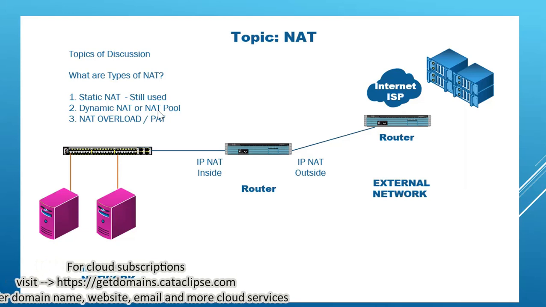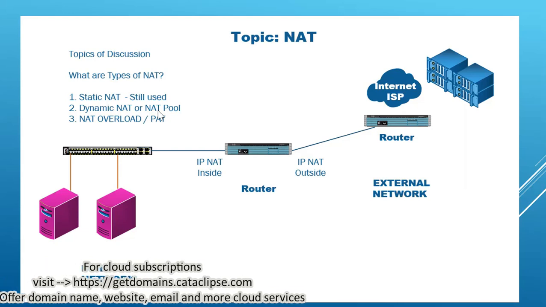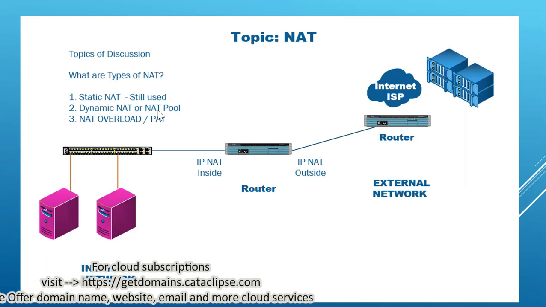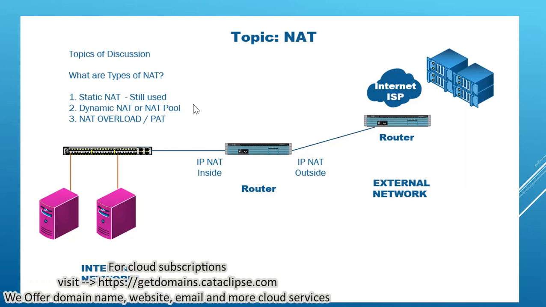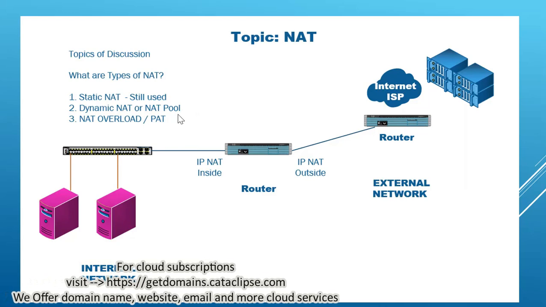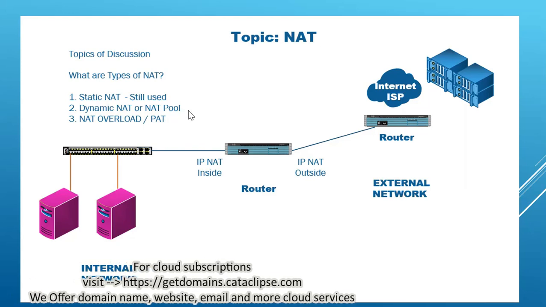I mean, if you have even 10 servers, it's really not feasible that you pay monthly for 10 IP addresses that would be routable to the internet. So I have not seen anybody doing dynamic NAT or NAT pool anymore.